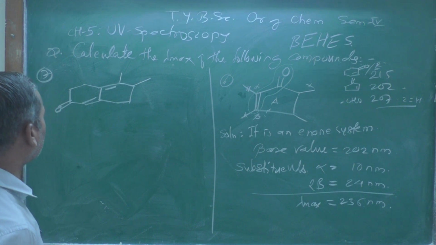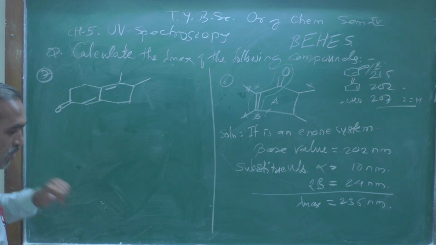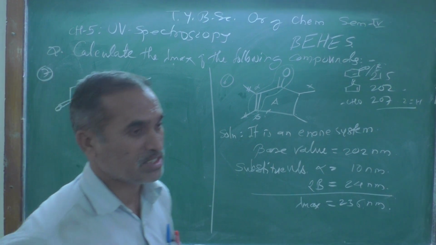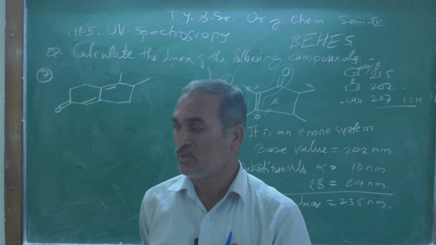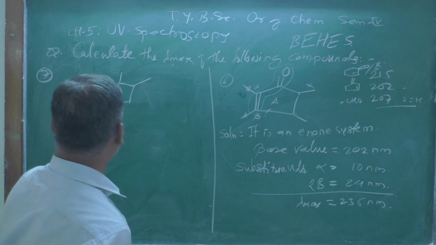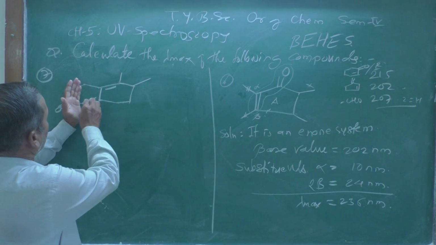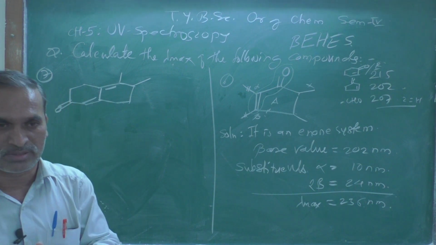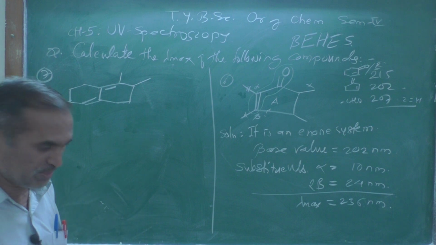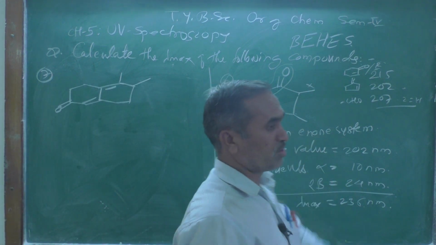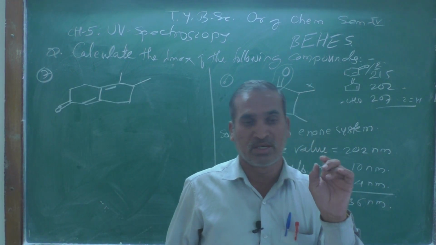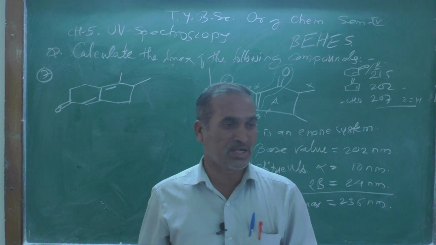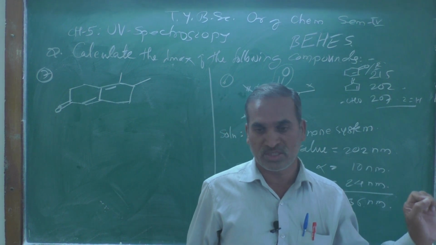What type of system is it? If carbonyl groups are there, then always consider it an enone system. It is in conjugation. Some students may think that there is a diene system, but don't consider it like this. If a carbonyl group is present and it is in conjugation, then always consider it an enone system.